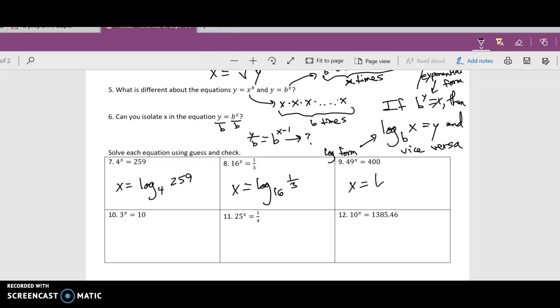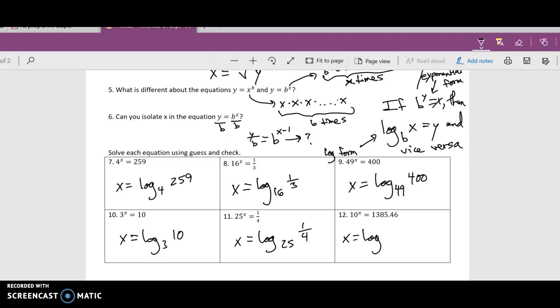x is equal to log, our base for our exponential is 49, so it's going to be the same for our log, base 49 of 400. Log base 3 of 10. Log base 25 of 1/4. Log base 10, sorry, I forgot to write x equals. Let me fix that. x equals log base 10 of 1385.46.